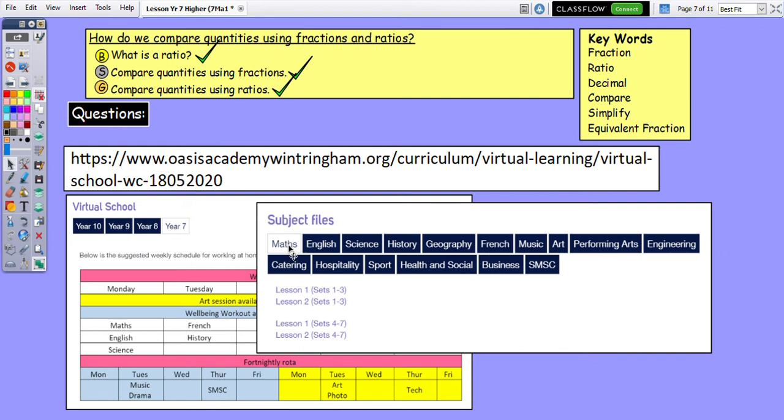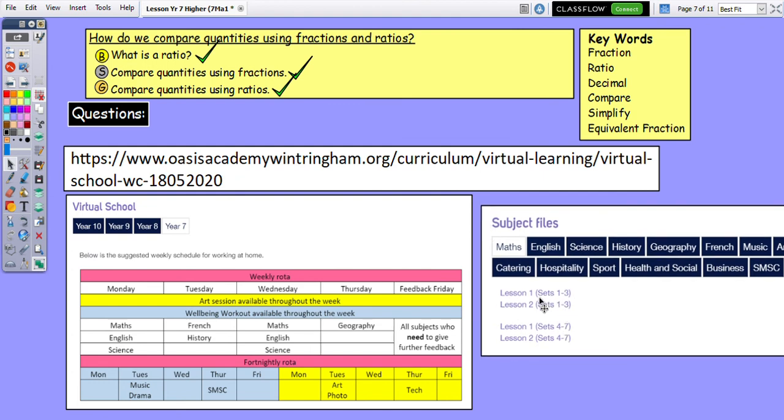Obviously this is mathematics, and the worksheets for both these lessons are here. You need to log on to the virtual learning zone and retrieve the worksheets and complete them. Remember that the answers are with the worksheets.